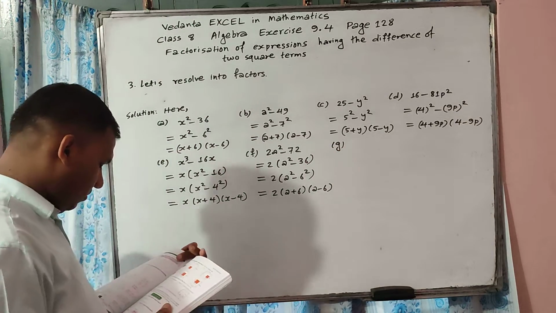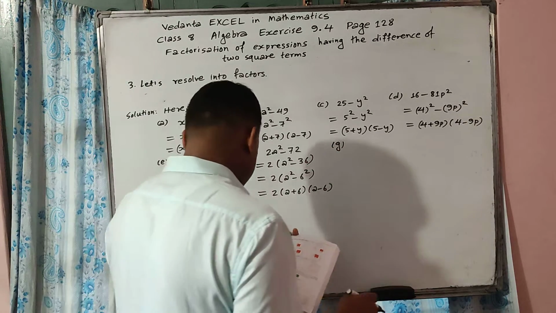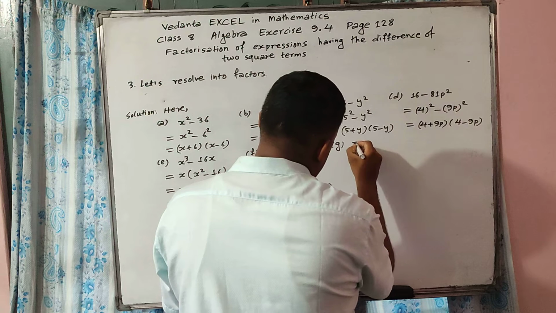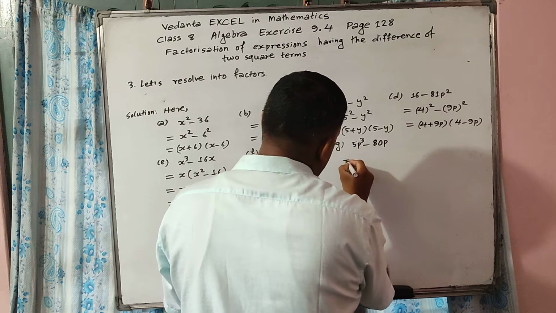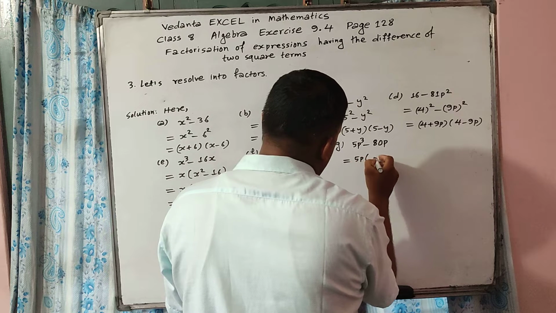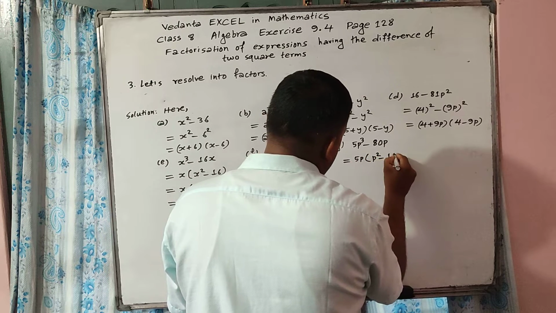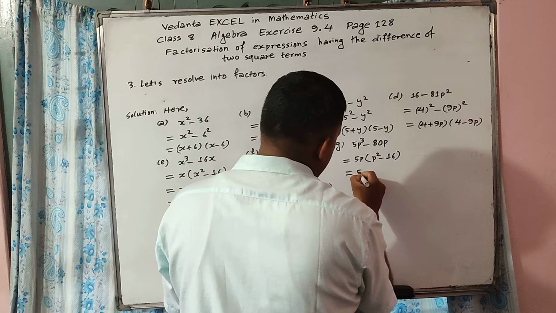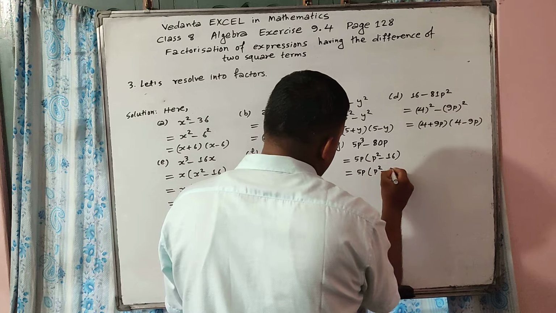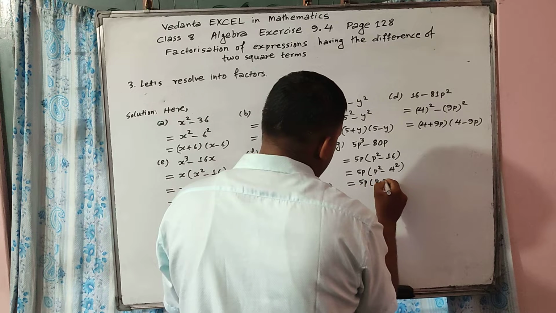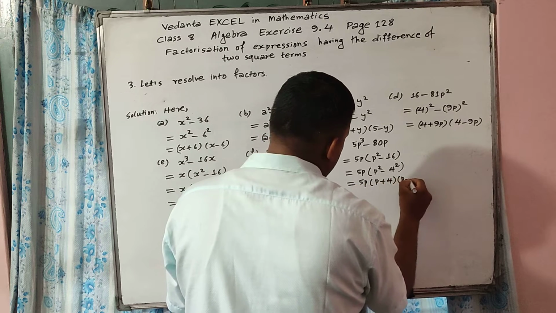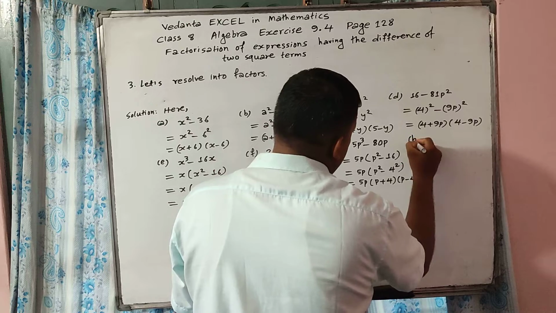On G, 5p cube minus 80p. Taking 5p common, remaining p square minus 16. 5p times p square minus 4 square. 5p times p plus 4, p minus 4.